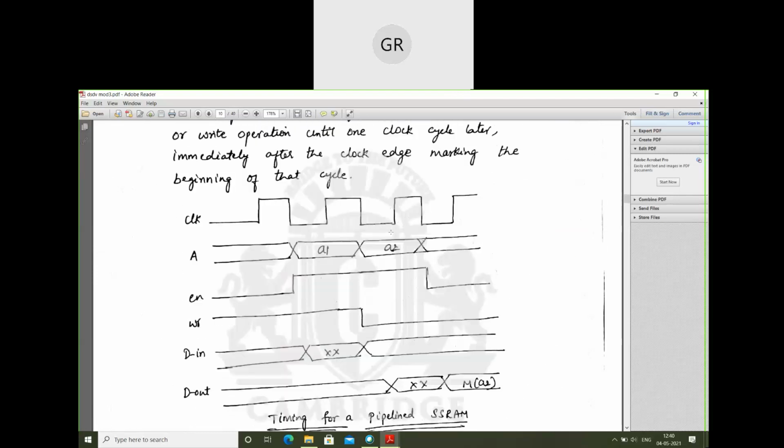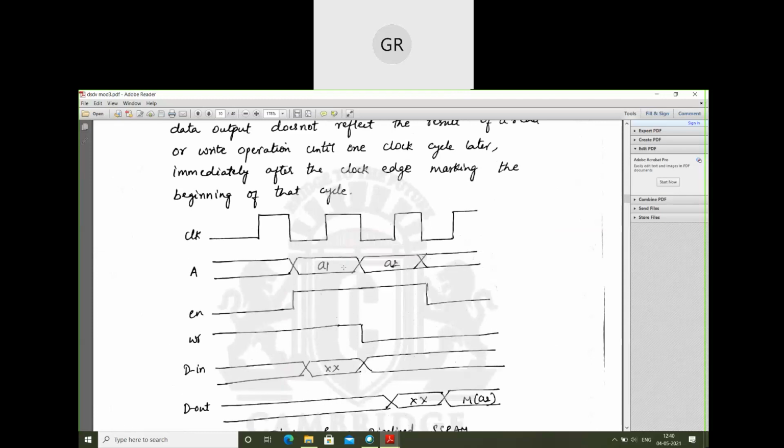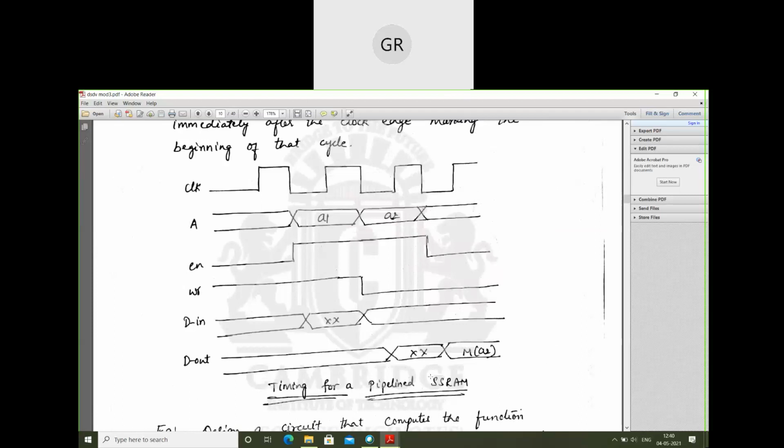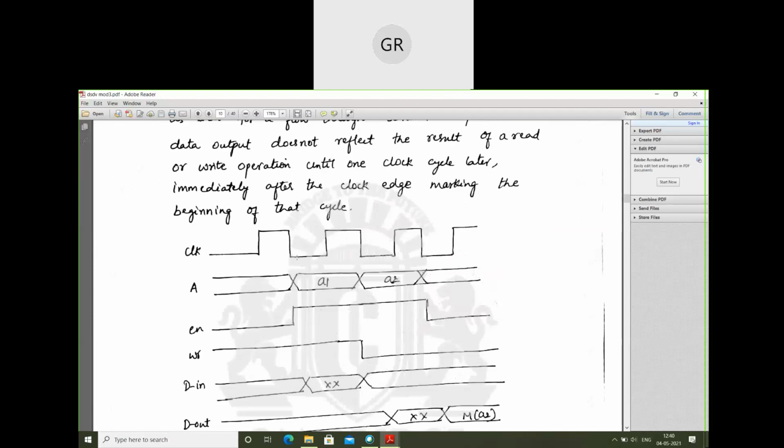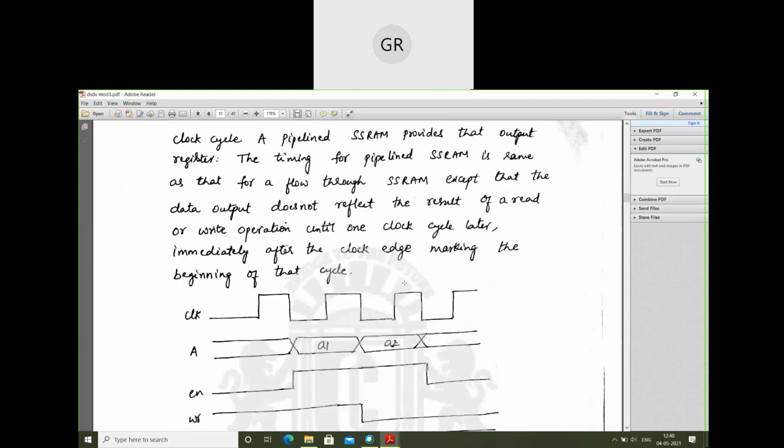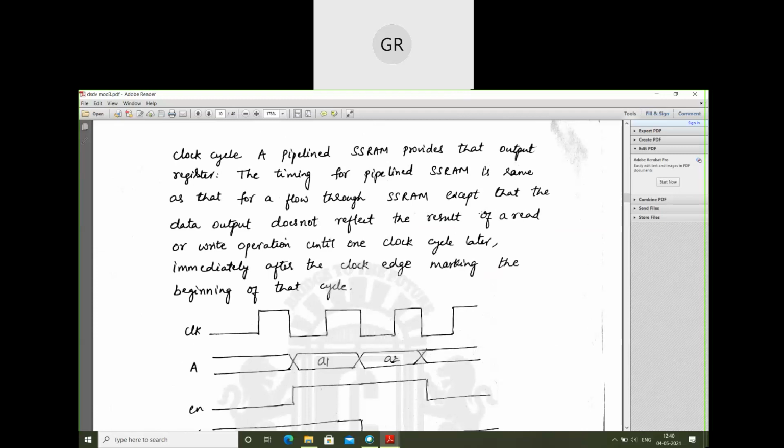So, the block diagram of pipelined SSRAM. See here, within one particular clock cycle, the operation will complete. A pipelined SSRAM provides that output register.